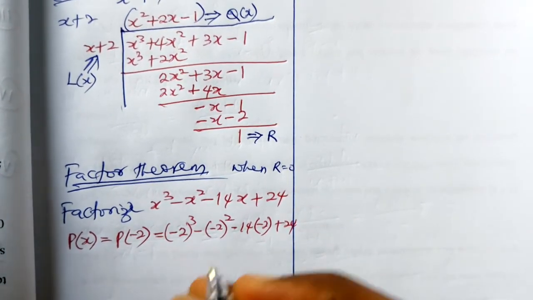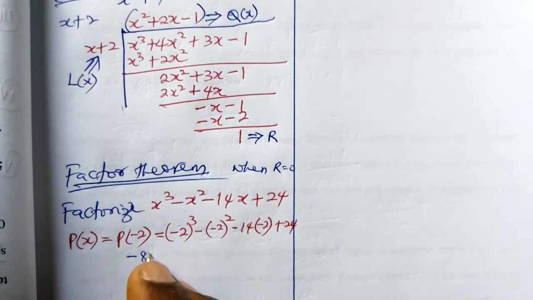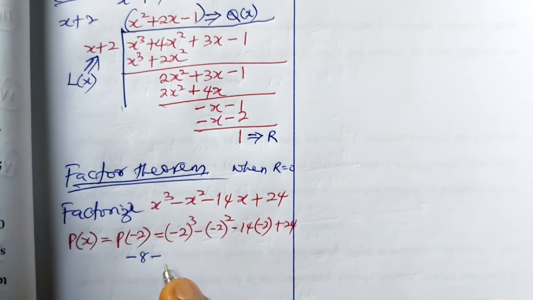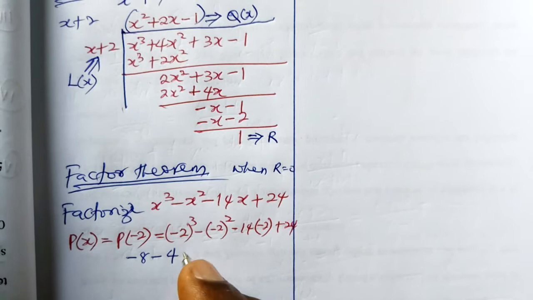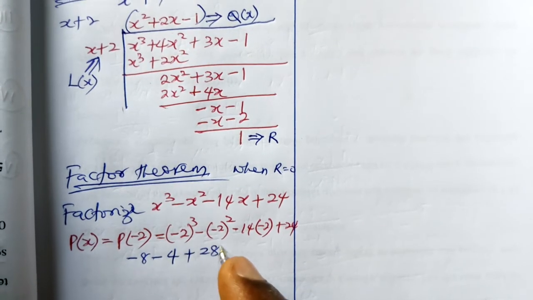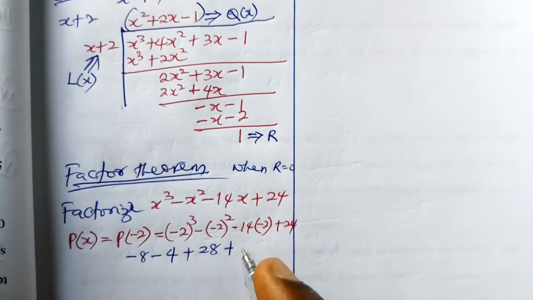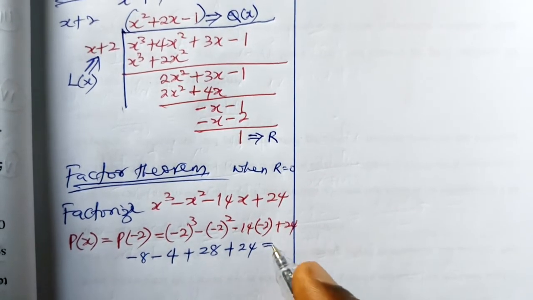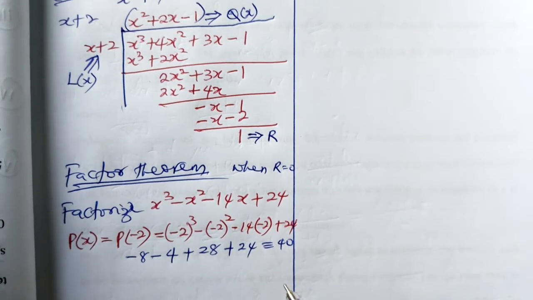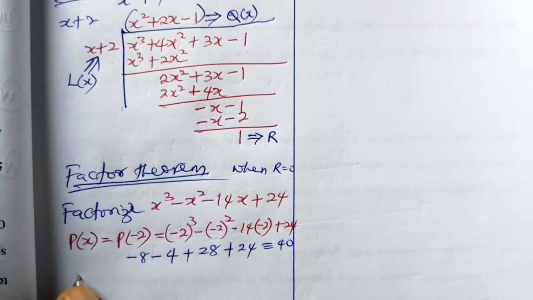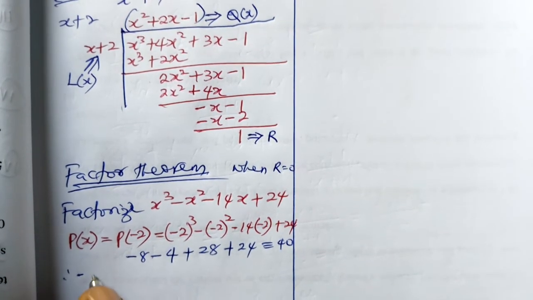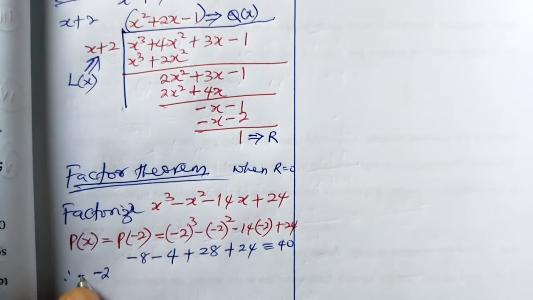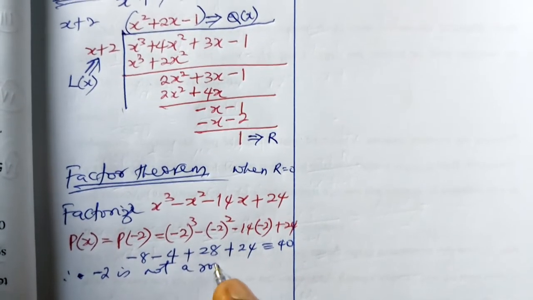So we will now have minus 8 minus 4 plus 28 plus 24. This will give us around 40. Therefore minus 2 is not a root.